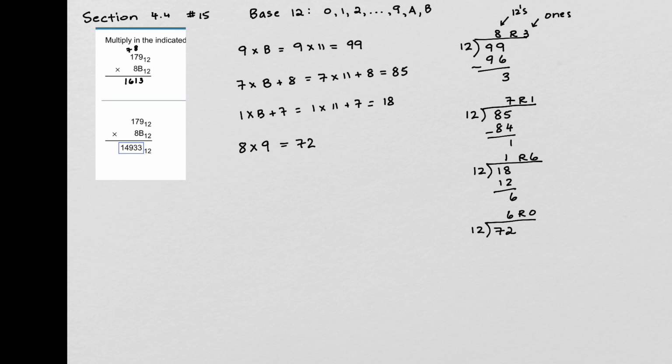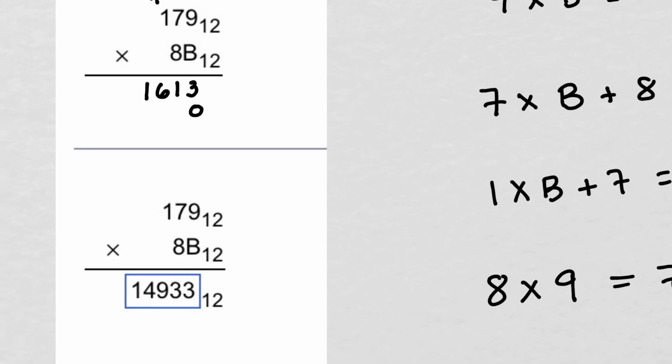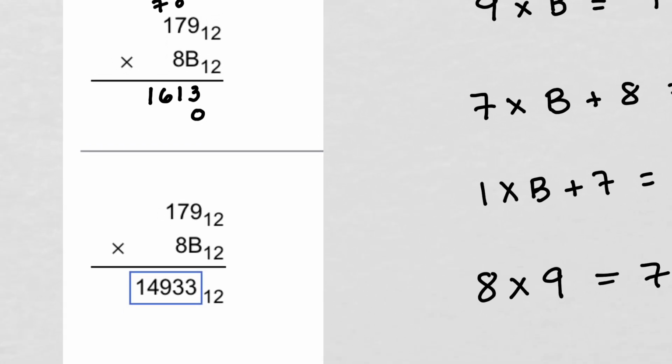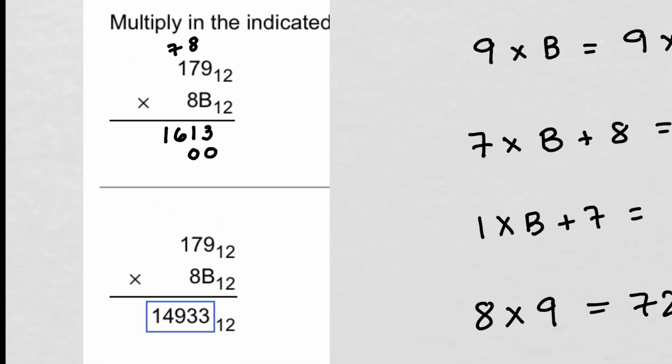So I'm moving over a place value, not decimal place because it's not base 10. But we're moving over a place value, and so we're going to have 0 here, and then we're carrying the 6. So I'm going to erase this from before, and I'm carrying a 6 over to this place.